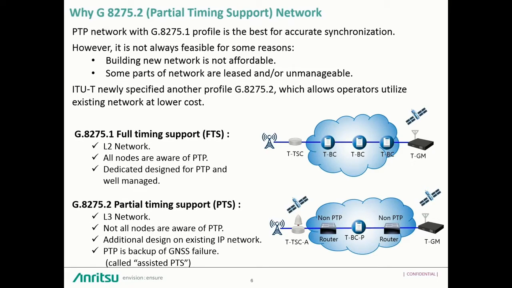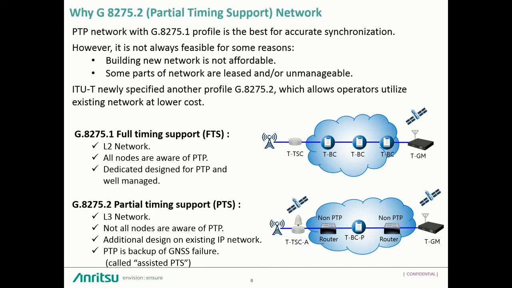Partial timing support on the bottom here is when you have an element, so you have non-PTP routers where you're starting at the grandmaster, you're passing the timing, but it's not being retimed. And what happens with this is if you don't add a boundary clock in between to redo that timing, by the time that grandmaster goes through the non-PTP and gets to your slave clock, your offset and your timing are so poor that it's no longer a good reference.